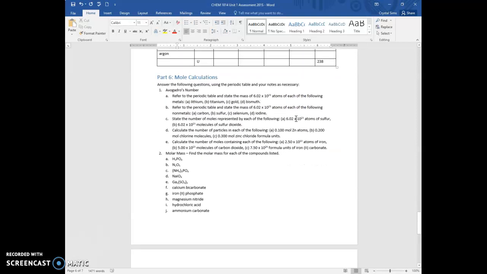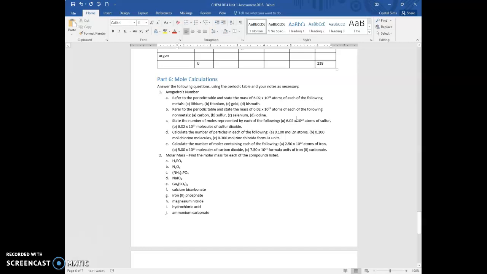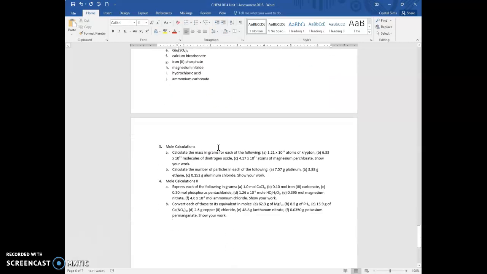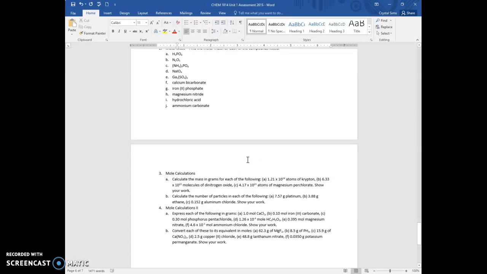And the last part is about mole calculations. So you've got a little section on Avogadro's number, one on molar mass, and then a couple of mole calculations. So I want to caution you here that I need to see all of your work. If you get the answer right, then you get full credit.